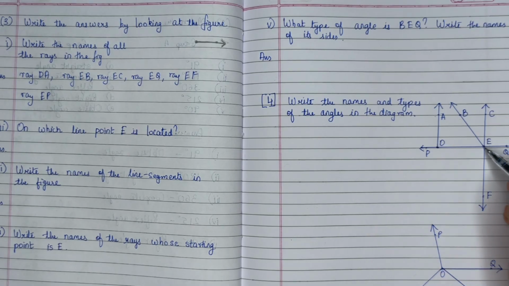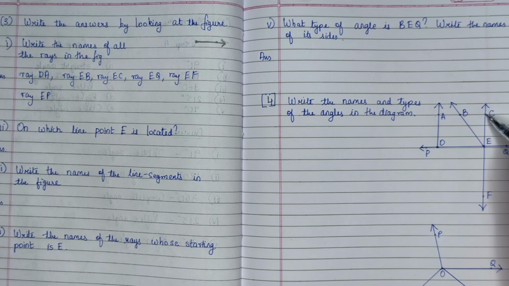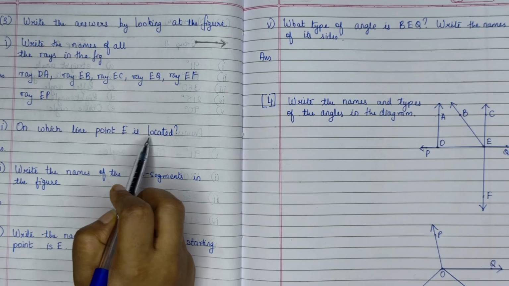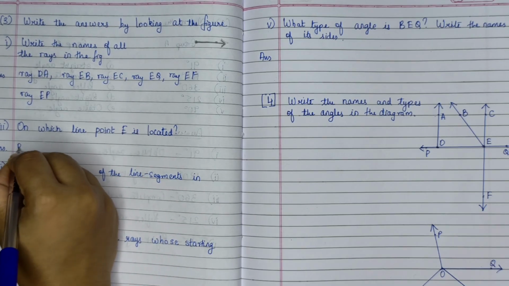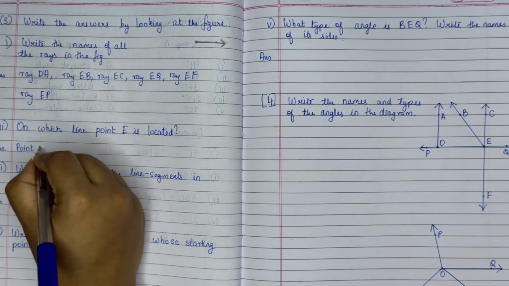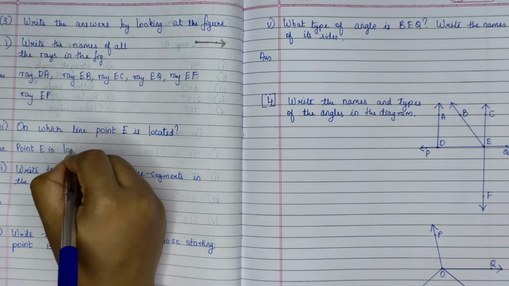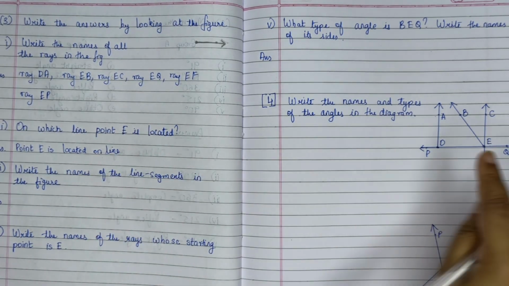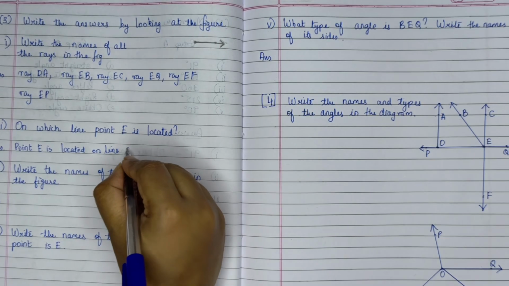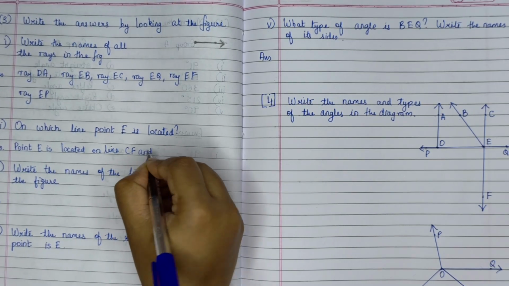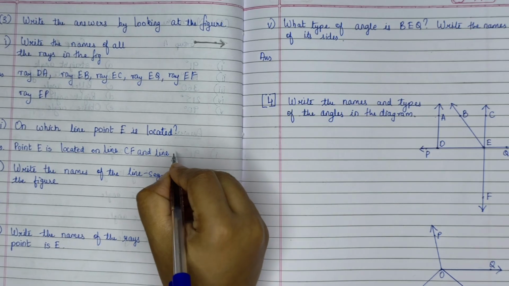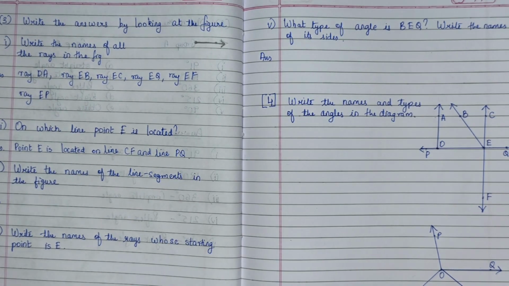So you can write it as a full sentence: Point E is located on line CF and line PQ.